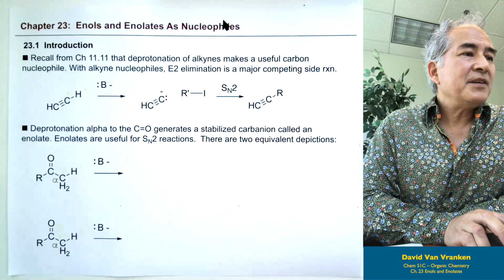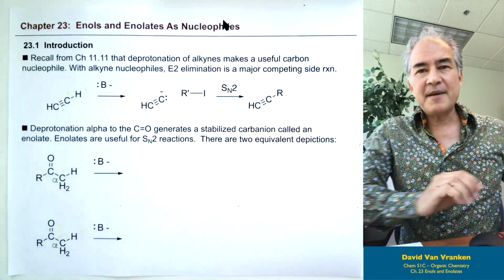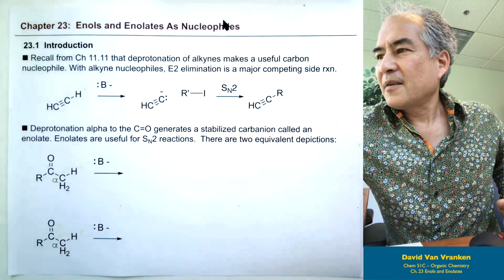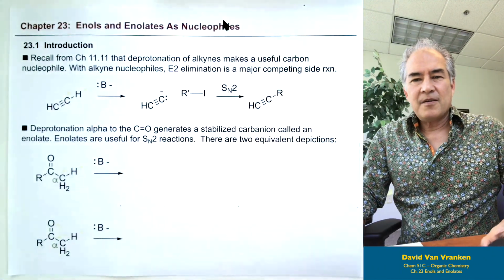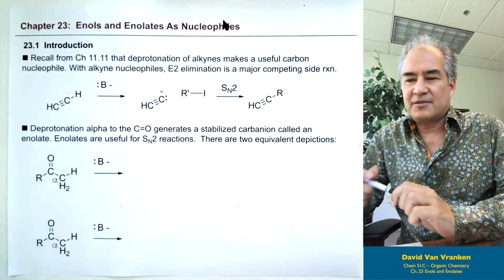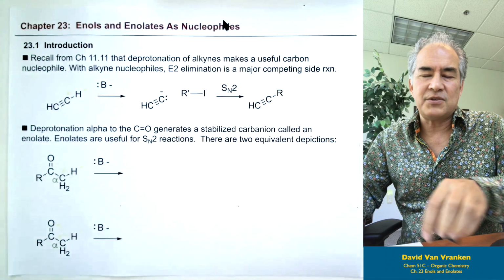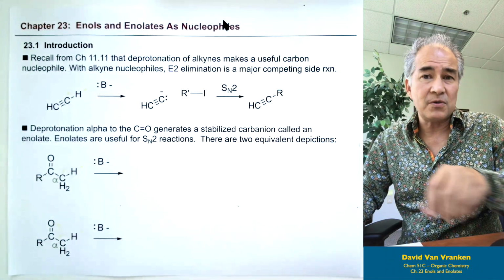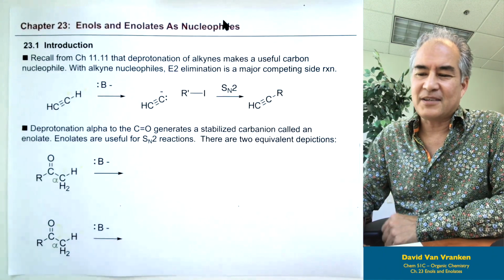Okay, so we just finished a chapter on carboxylic acid derivatives, and now we're talking about these protons alpha to carbonyls. So really this chapter is mainly focused on carbanions. The chemistry of this chapter is enols, which are neutral, and enolates. It's the enolates that really do all the work in this chapter and the next chapter.